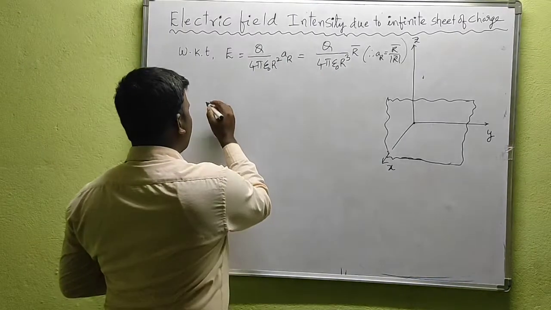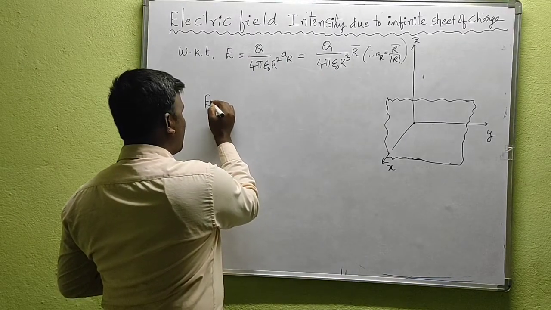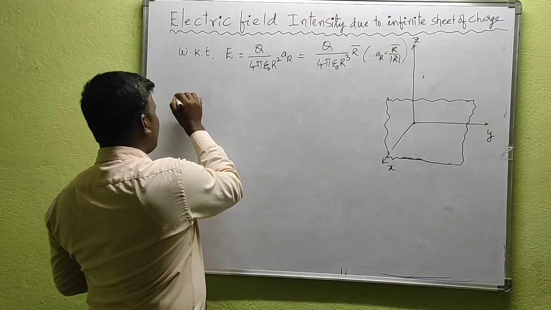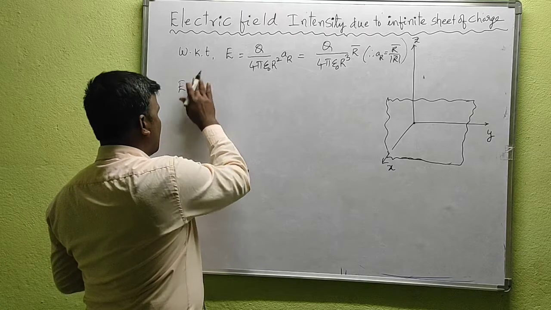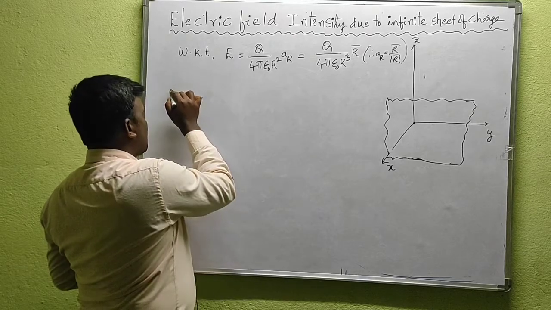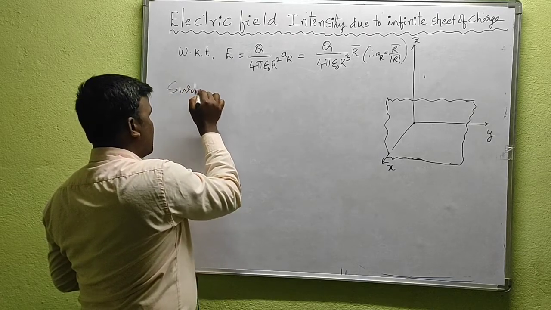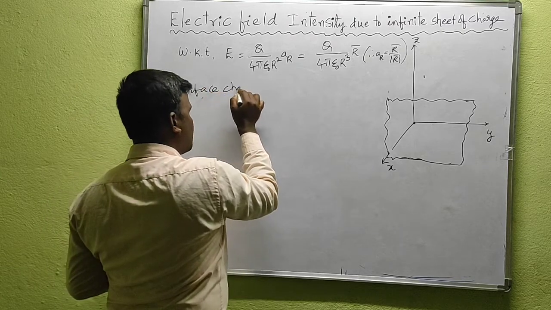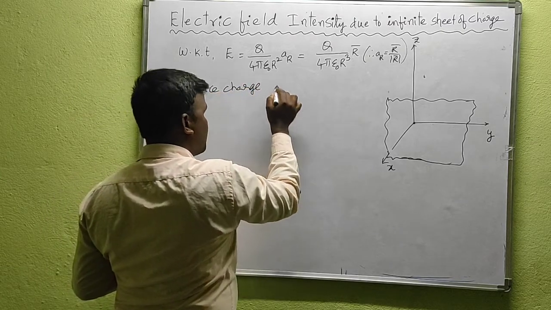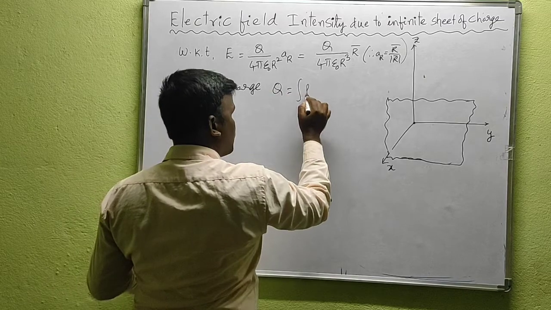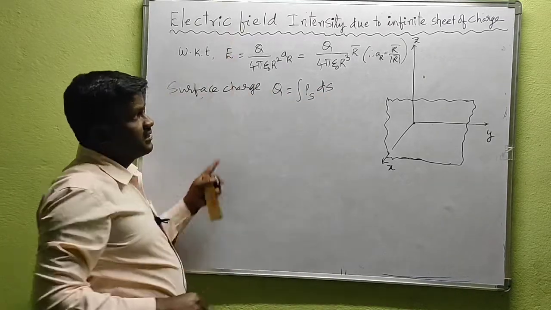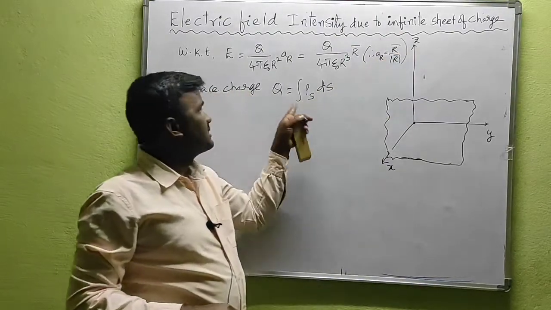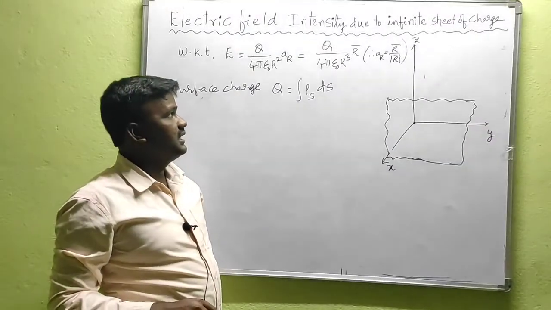Therefore, the electric field intensity E due to a sheet of charge, or surface charge, is given by: the charge Q equals the integral of rho s ds.